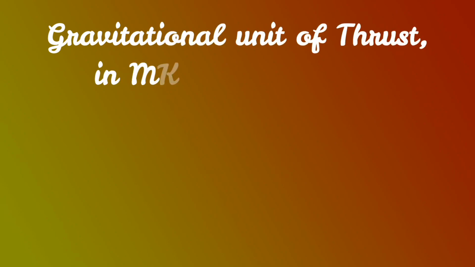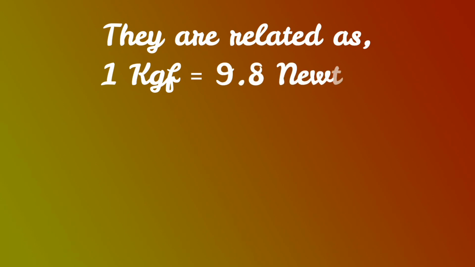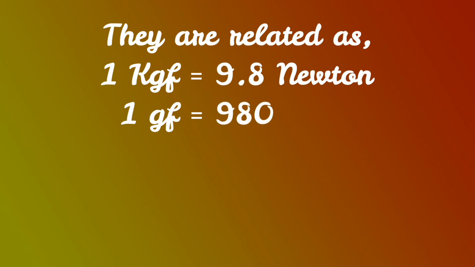The gravitational unit of thrust in the MKS system is kgf and in the CGS system is gf. They are related as 1 kgf is equal to 9.8 Newton and 1 gf is equal to 980 dyne.